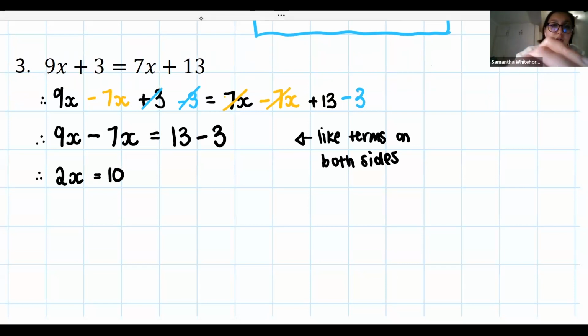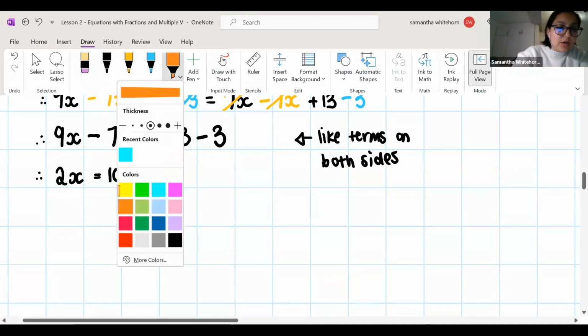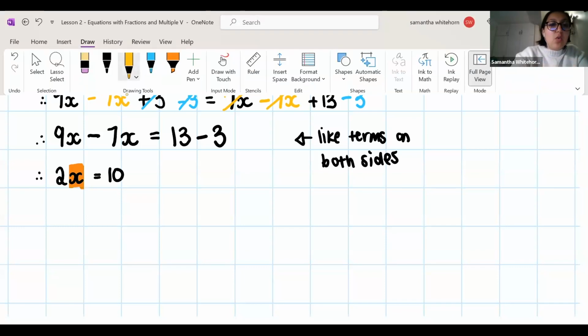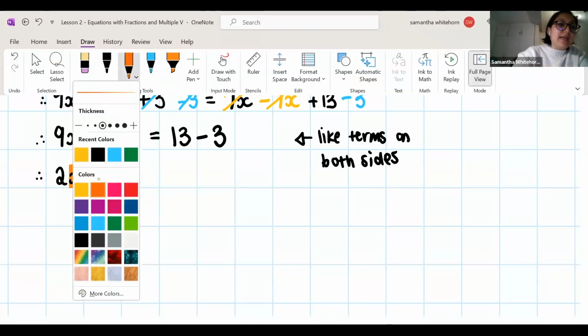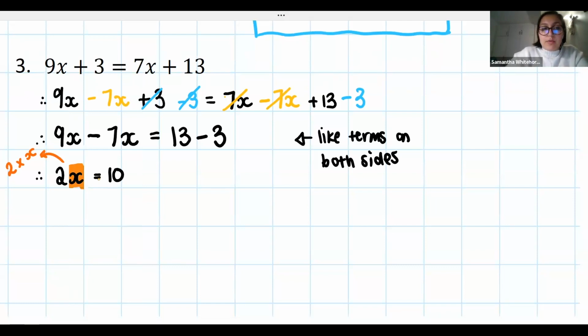Now again, grade 8s, the goal is to get this x all by itself. We don't like the 2 in front. What you need to remember is that anytime there's a coefficient, this is saying 2 times the variable. So again, we need to use inverse operations.